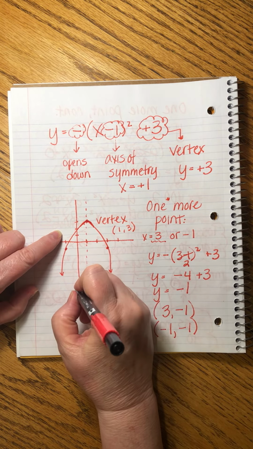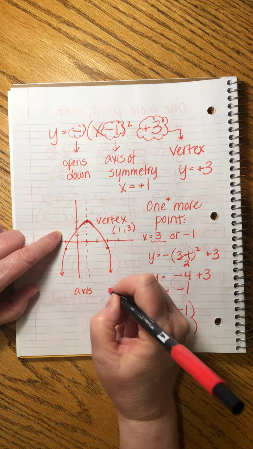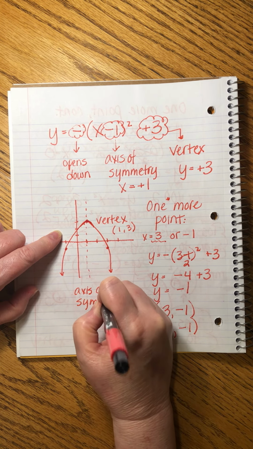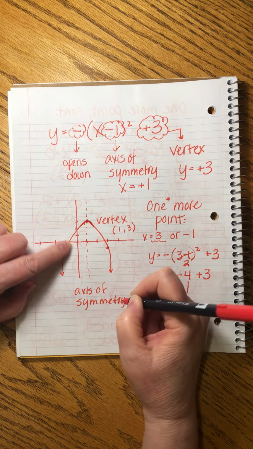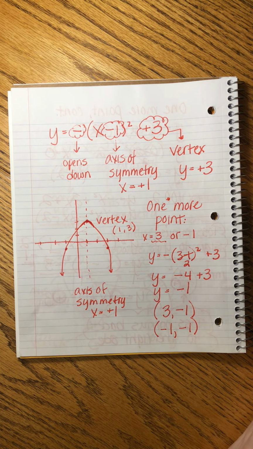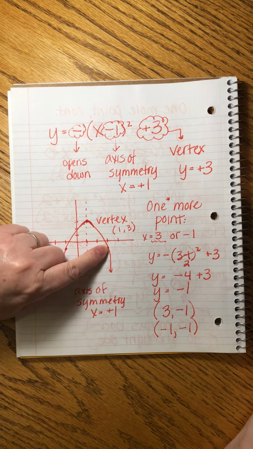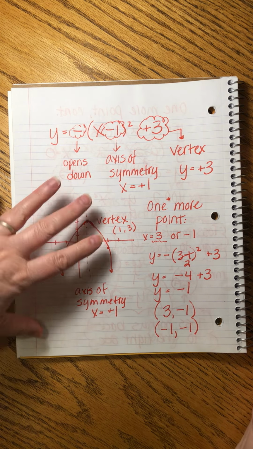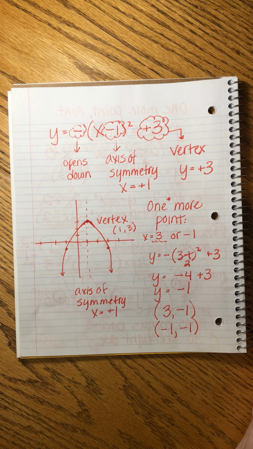Our axis of symmetry is at x equals +1. And then our other points are right here. 1 more point. This is our solution. We did it right. Yay!